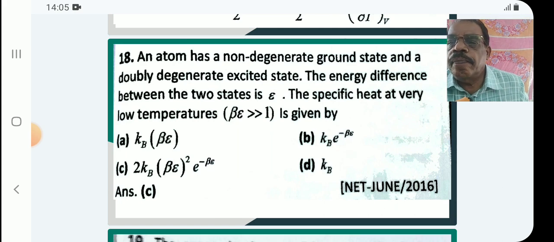Next question. An atom has a non-degenerate ground state and a doubly degenerate excited state. The energy difference between the two states is epsilon.